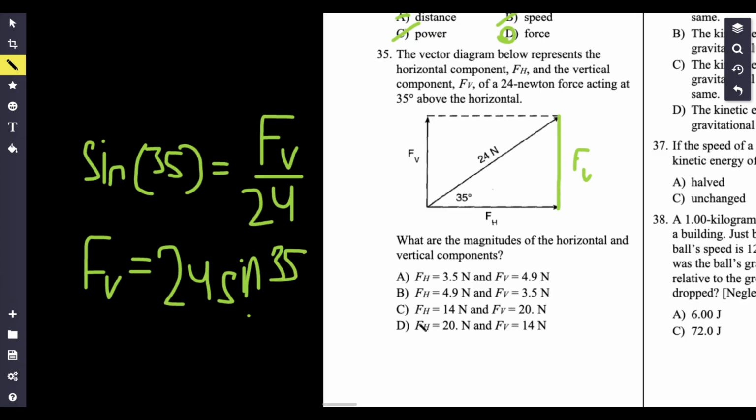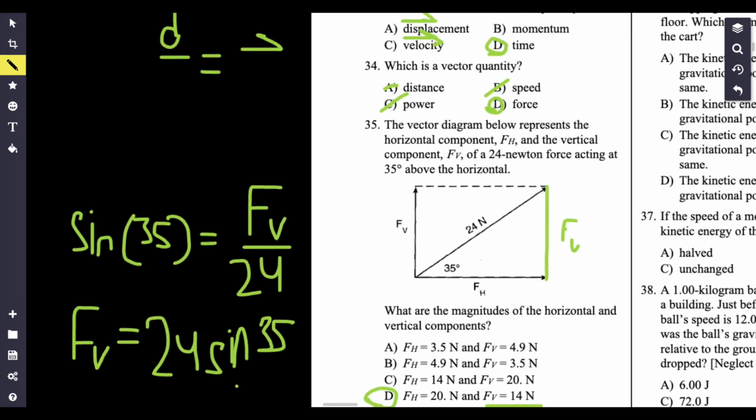So I got 13.76, so that's approximately 14. Answer choice number D has to be the correct answer for this one.